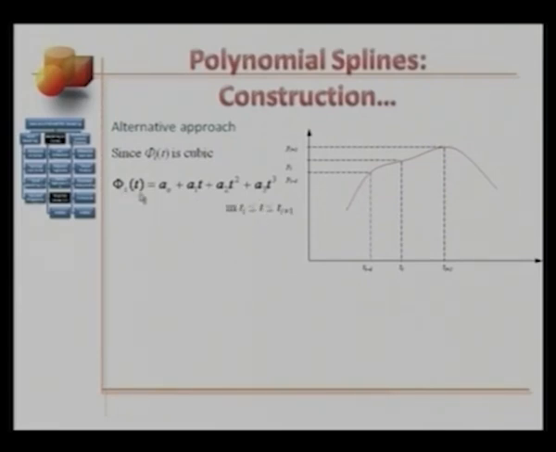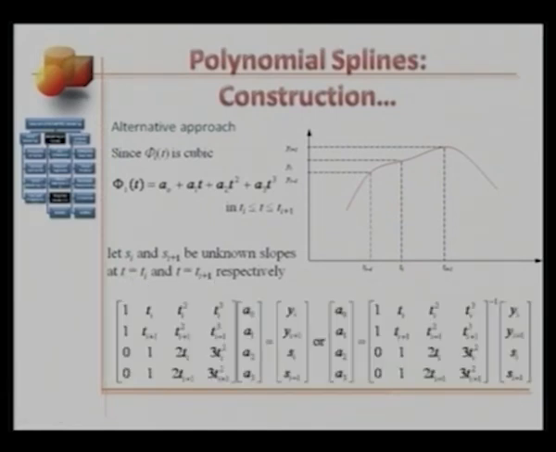And phi i would be defined within the knot span t i and t i plus 1, right here. Now let's say that s i and s i plus 1 are unknown slopes at values of t equals t i and t equals t i plus 1.